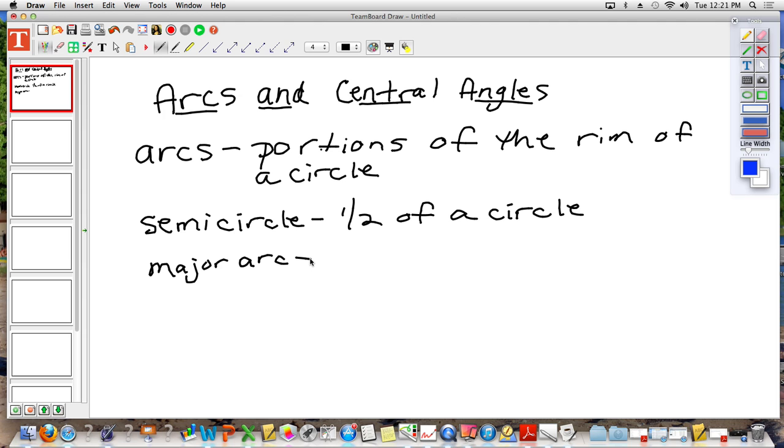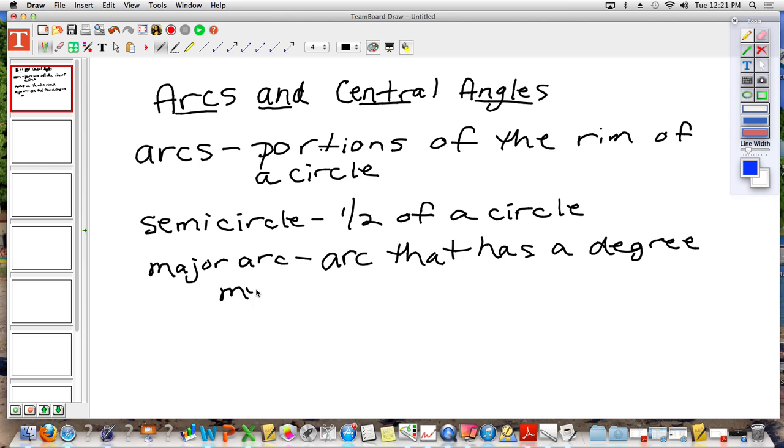Thank you. A major arc is an arc that has a degree measure of more than 180 degrees. Major arc is more than 180 degrees.